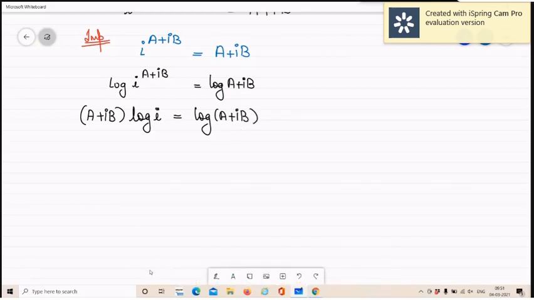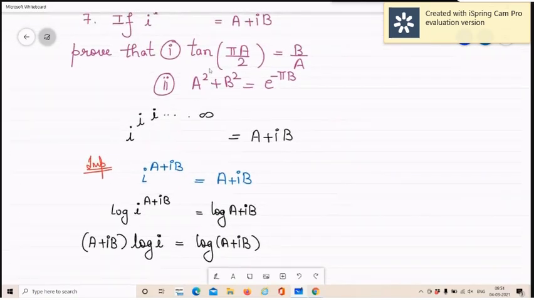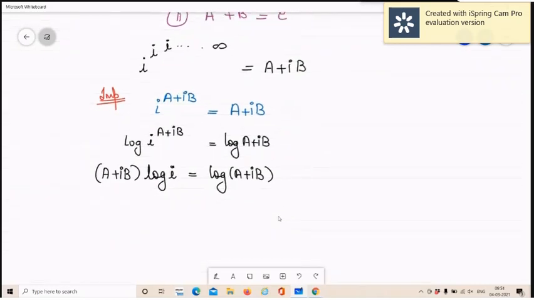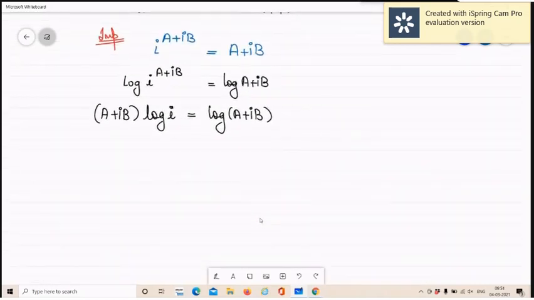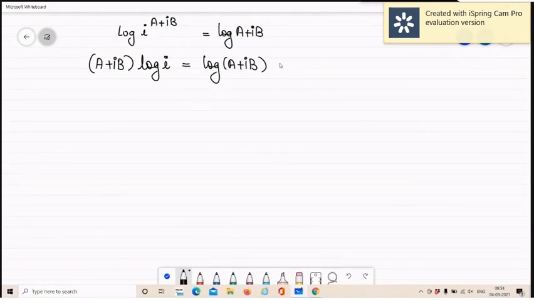Did you all understand this much? In the proof, a square plus b square and tan inverse of b by a come from the formula we have applied on log of a plus ib on the right hand side. For now, mark this as equation 1.